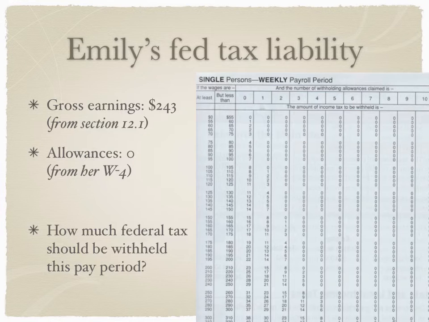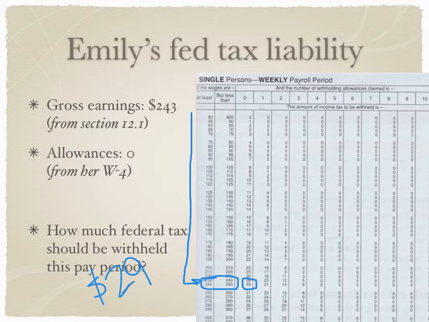First, find the interval that includes $243, and that happens here at least $240 but less than $250. So we're in this $240 to $250 band, and we go across the column for 0 withholding allowances, and we find that she should have $29 withheld in federal tax.